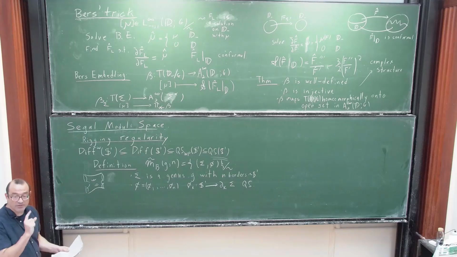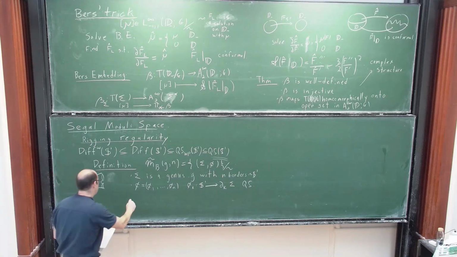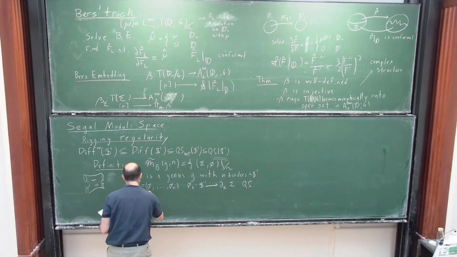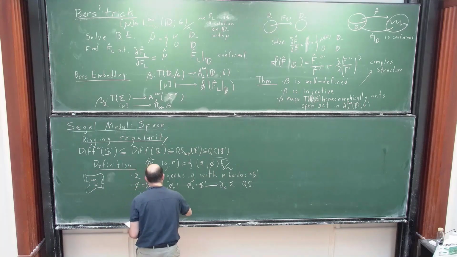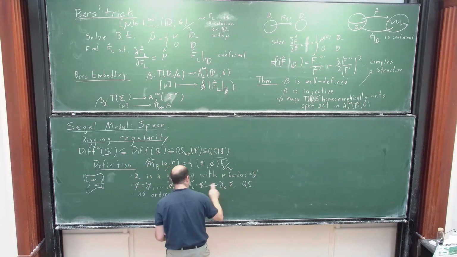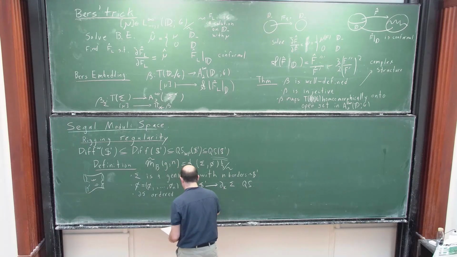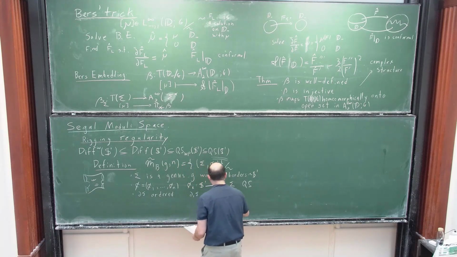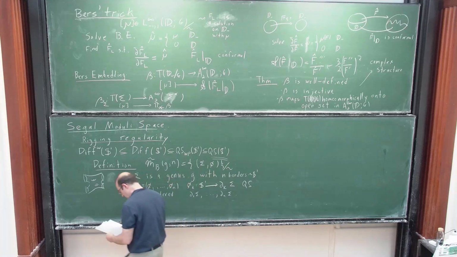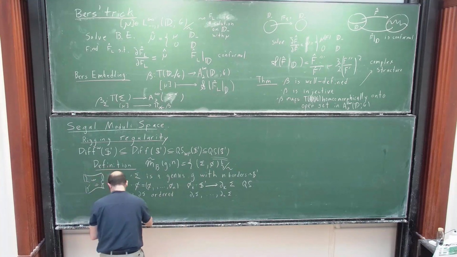We actually assume that the Riemann surfaces have ordered boundaries. I should have said that before I wrote this previous line. And now I have to define this equivalence relation.